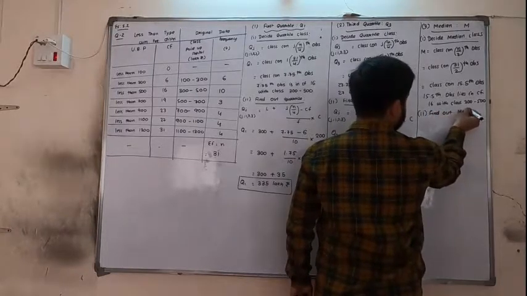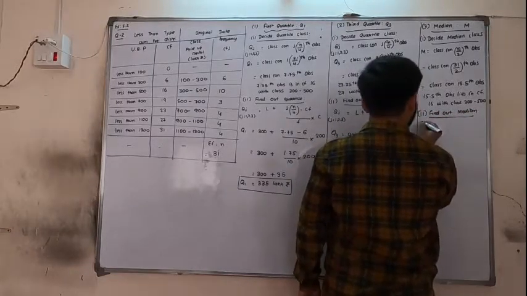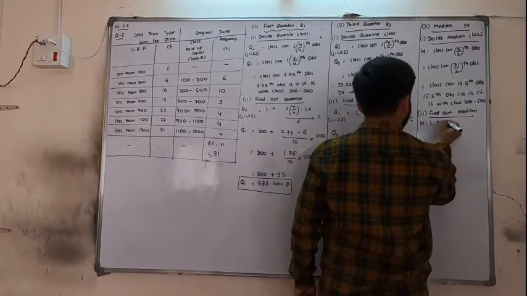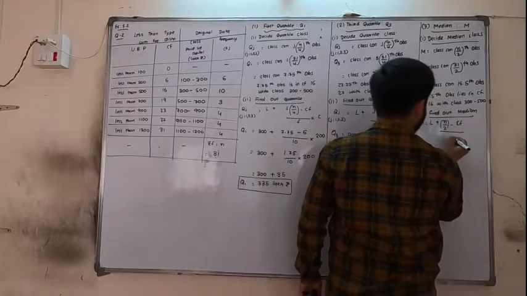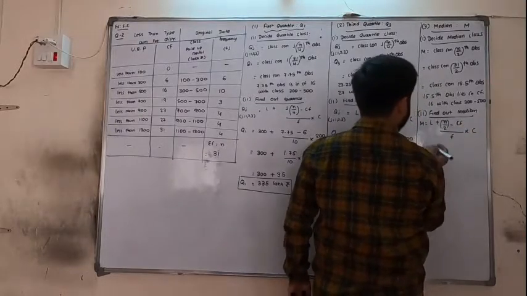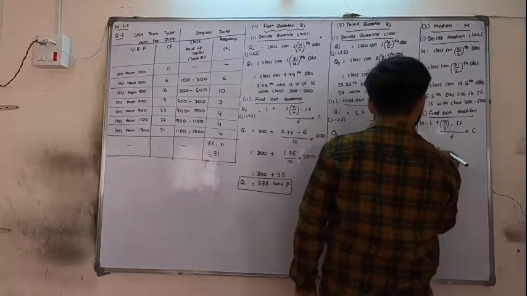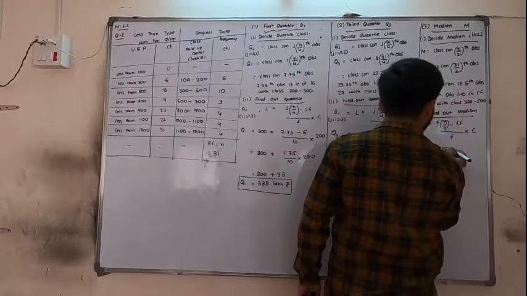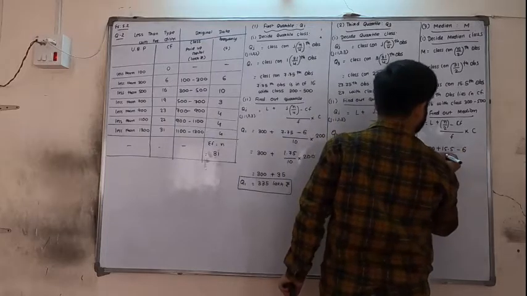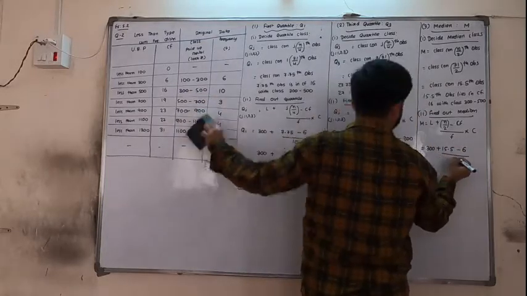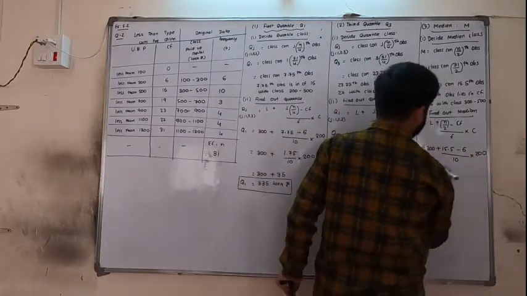Now second step, find out the median. M is equal to L plus n by 2 minus Cf divided by f into C. 300 plus 15.5, the cumulative frequency of the previous class is 6, divided by the frequency of that class, which is 10, and the class length is 200.